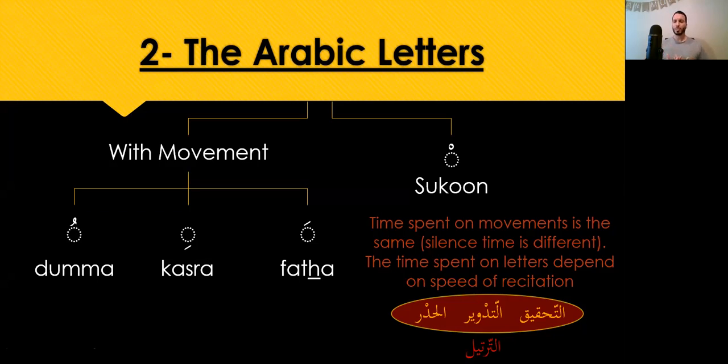So for example, I'm gonna give you an instance of that. أعوذ بالله من الشيطان الرجيم بسم الله الرحمن الرحيم الحمد لله رب العالمين الرحمن الرحيم. So this, I'm taking my time with it. This is called at-tahqiq.